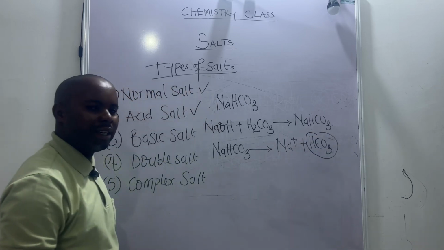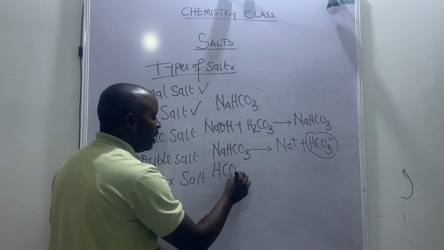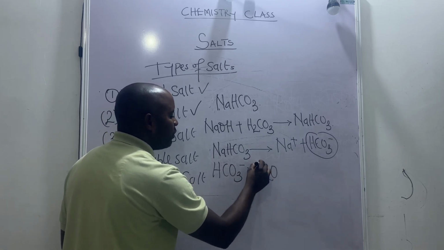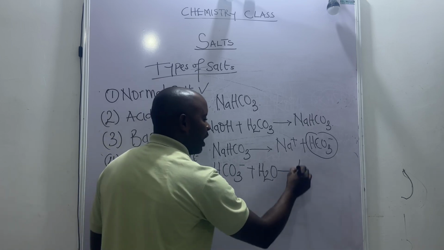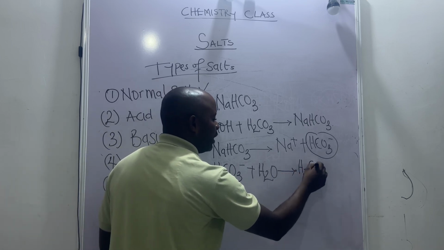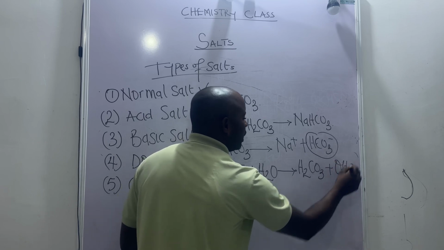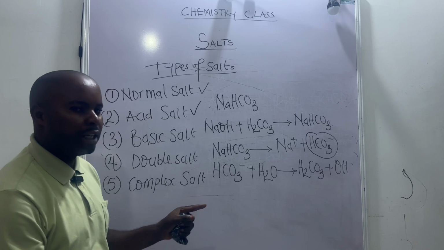If we should dissolve this in water, we can know the characteristics of this salt merely from this equation, that this is going to have the weak acid reacting with what? Giving out OH negative. So this is the exception, a discrepancy in this aspect.